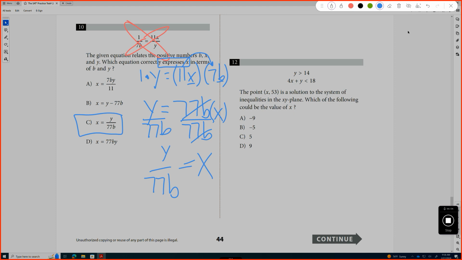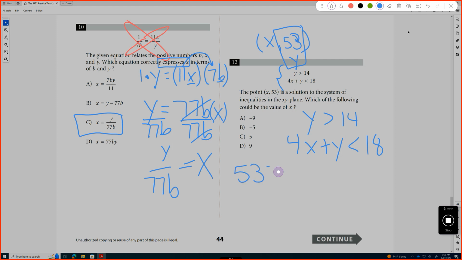Now we have a point x, 53 for number 12. 53 is the y value, we need to find the x value. So I have a system of inequalities here that says y is greater than 14 and 4x plus y is less than 18. So I'm going to substitute 53 for y because that is the same value. So 53 is greater than 14. If you see that, that is correct. So now I need to find the value of x, such that 4x plus 53 is less than 18.